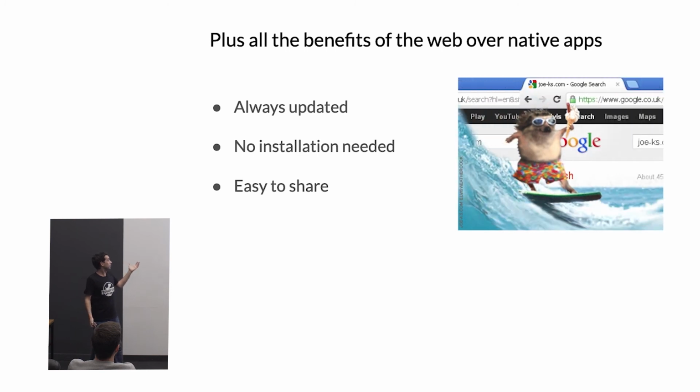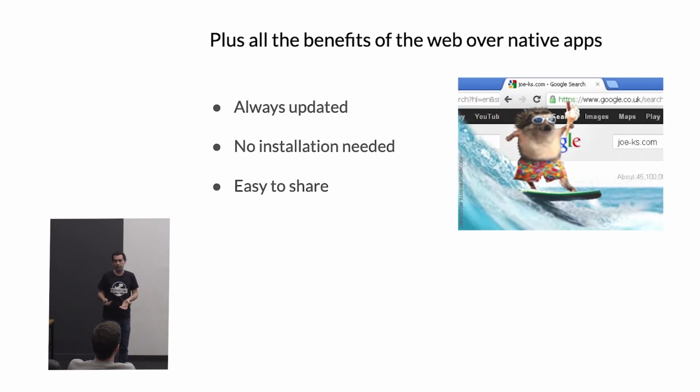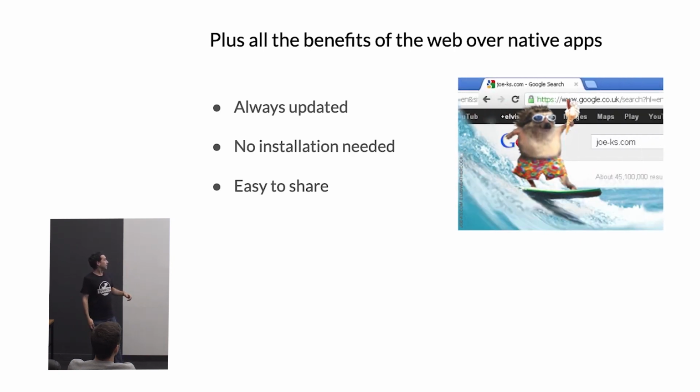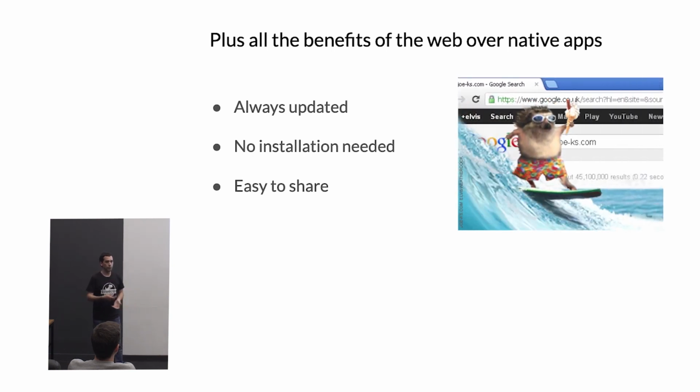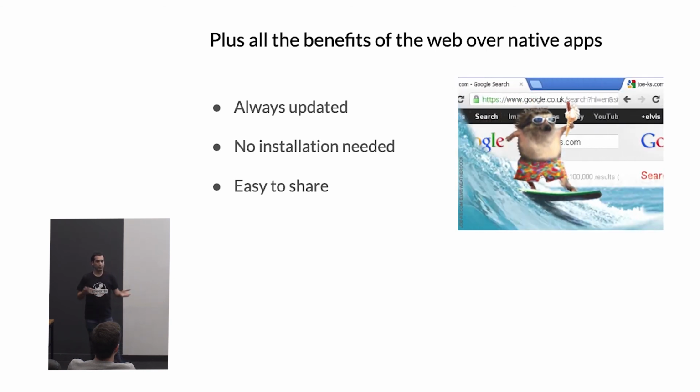They don't need to be installed. You can use them without installing because the web is like this. It's only a URL. And because of that, they are also easy to share. I can send any of you a link, and you will be able to start using my PWA without the need to install anything.